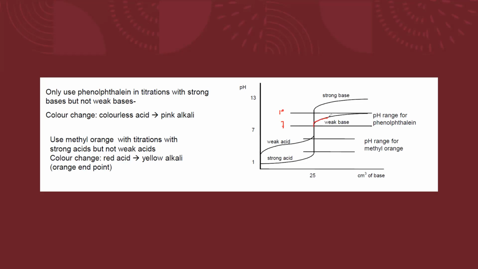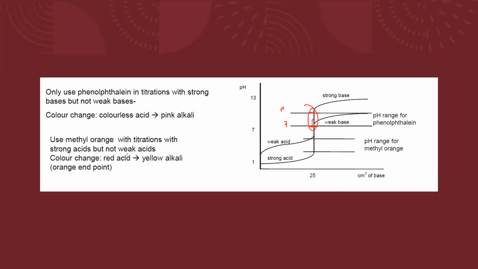While we are still adding a weak base, this region is within the pH range of phenolphthalein, so it will not show a color change. The color change will only occur after this part. Like, if originally it was colorless, it will show a color change within this pH range.